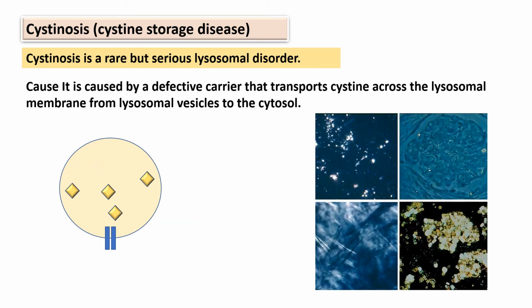There is slow accumulation of cystine crystals in the lysosomes of the reticuloendothelial tissue. Here you can see the accumulation of this cystine crystal in the tissues of liver, kidney, lymph nodes, spleen, and this accumulation is responsible for cystinosis. That's why it is called a cystine storage disease.